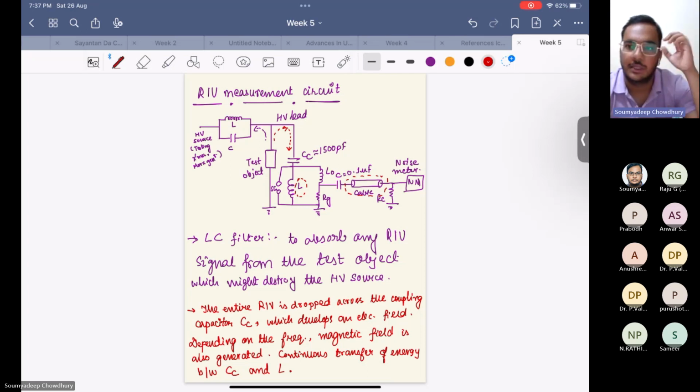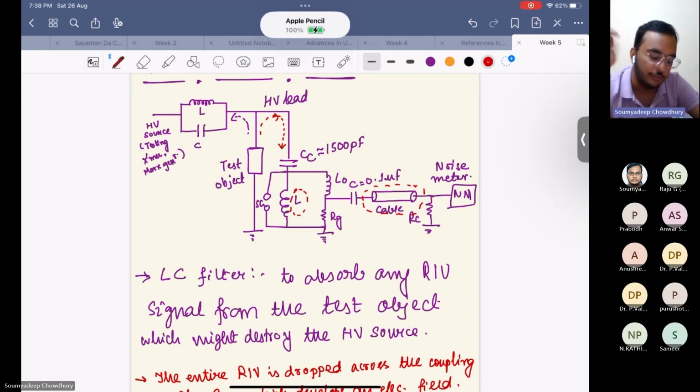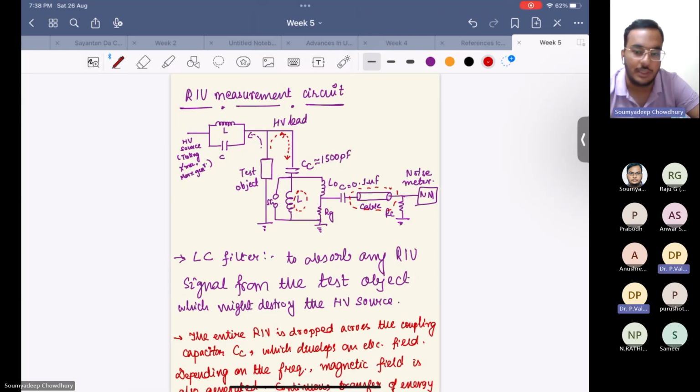It can be a transmission line, like an excited transmission line which is generating corona, that can give me RIV. Because if you see the corona discharge pulse or the partial discharge pulse, that is a very high frequency pulse. So exactly what the test object will be, I have to think. But as far as my idea goes, it is any kind of source which can generate an RIV, whose RIV we want to measure. It can be a transmission line conductor.